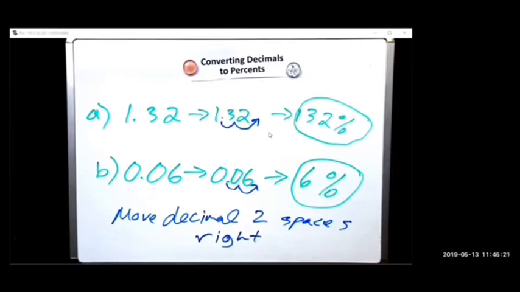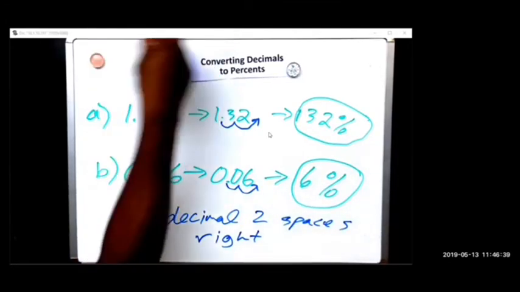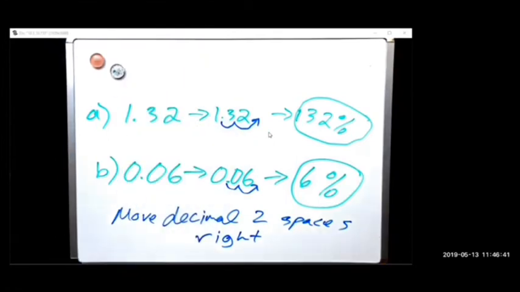When you're going decimal to percent, 2 spaces to the right. When you're going percent to the decimal, 2 spaces to the left. All right, so make a note, study note card or something. Maybe that can help you so you do not get them mixed up. Very easy to do. Okay. All right, let's move on.